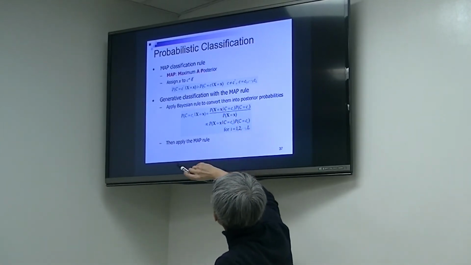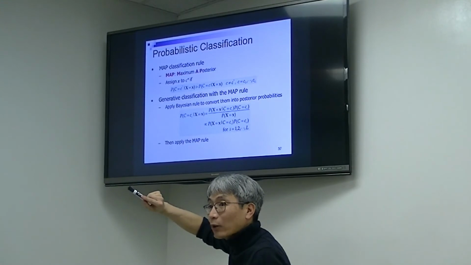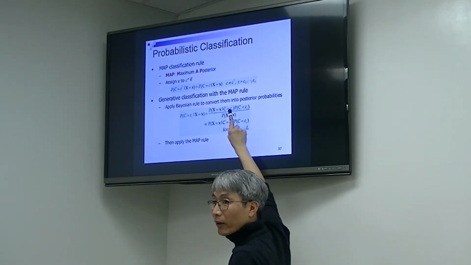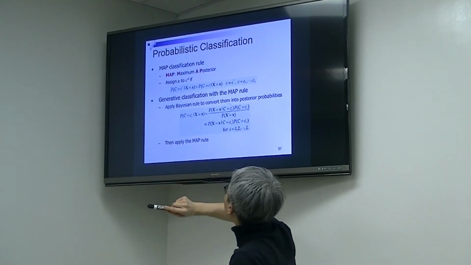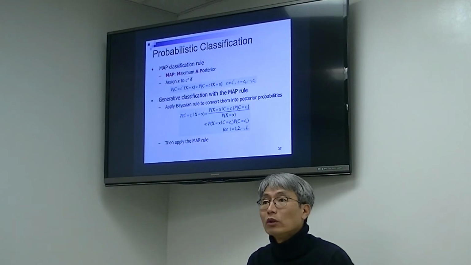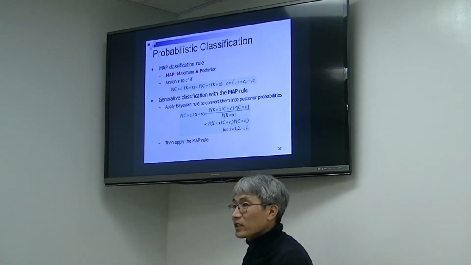This one, P of X given C, you can calculate from multiplying C1, C2, C3. Then eventually you have this one. The other, P of C, P of X, you know. P of C is your experience, P of X is the data.